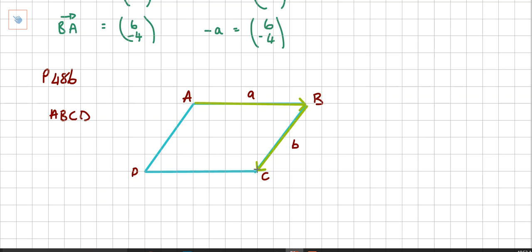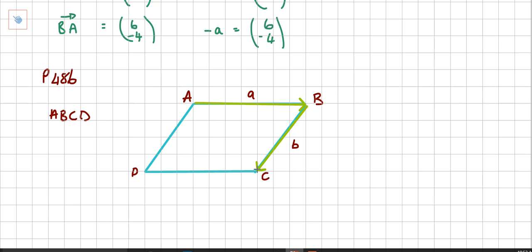So vectors, in terms of A and B: vector A has a direction and a magnitude, but it can be started at any point as long as it goes in that direction for that magnitude.